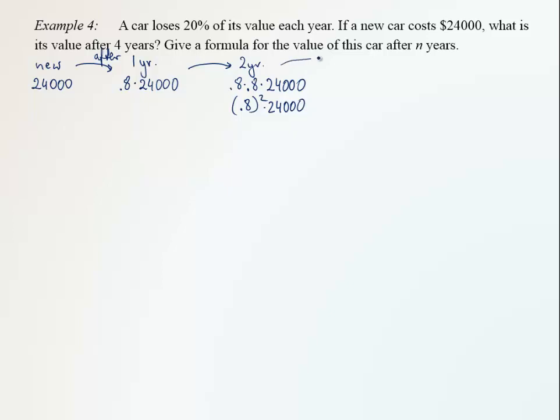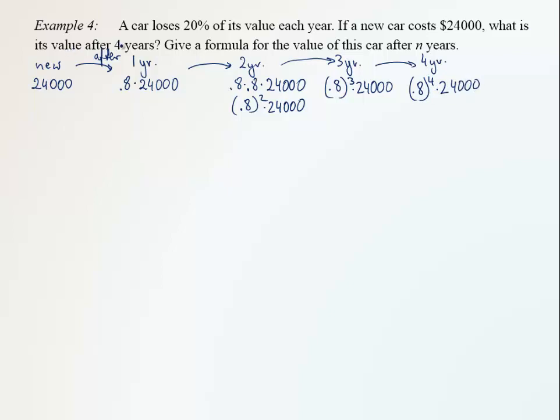Okay, let's do the same for the third year. Again, 80% of the previous value, so we need to multiply the previous value by another 0.8. So we'll end up with 0.8 cube times 24,000. And finally, after the fourth year, we'll have 0.8 to the 4 times 24,000.